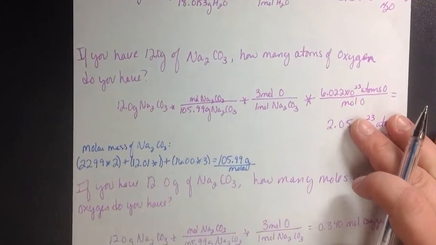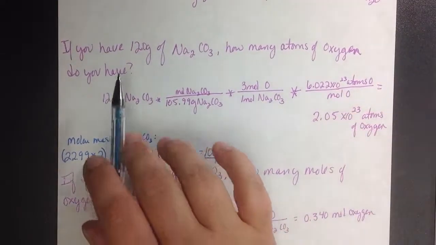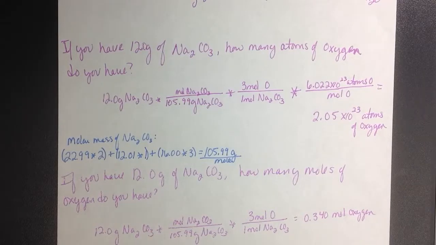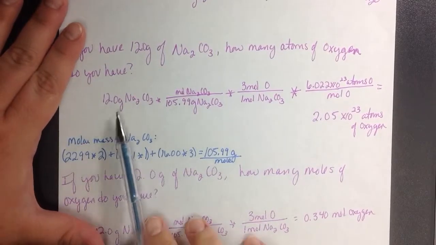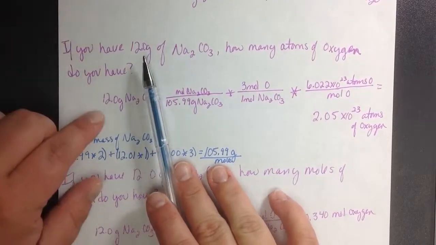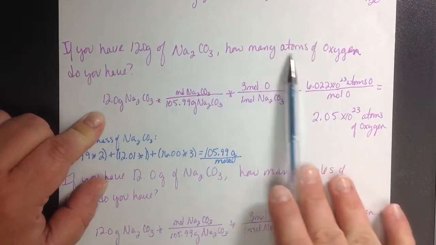On the other hand, if we do this middle problem, if you have 12 grams of Na2CO3, how many atoms of oxygen do you have? This is a much different problem, but not really. Because in this case, all we need to do is say, we've got grams, we need atoms of oxygen.